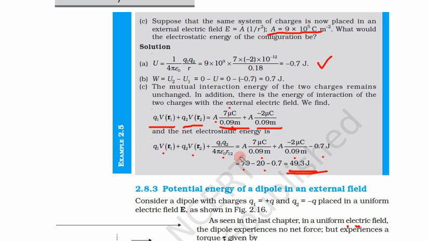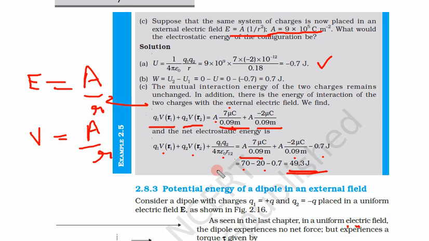Now the final thing which may confuse you is that E is equal to A upon R square. This is given. But how did we put V? You know V is the same thing, only V is A divided by R. And R, from the origin, is again a distance, which is always positive.